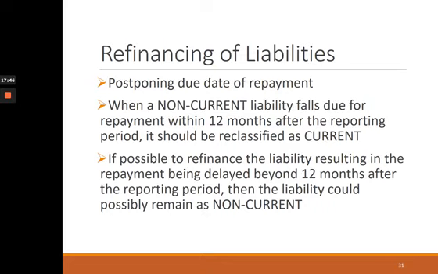So when we postpone the due date of our repayment, we are in effect refinancing our liabilities. So when a non-current liability falls due for repayment within a 12-month period, we usually classify those liabilities as current. But if it's possible to refinance the liability beyond 12 months after the reporting period, then the liability can still remain as non-current.